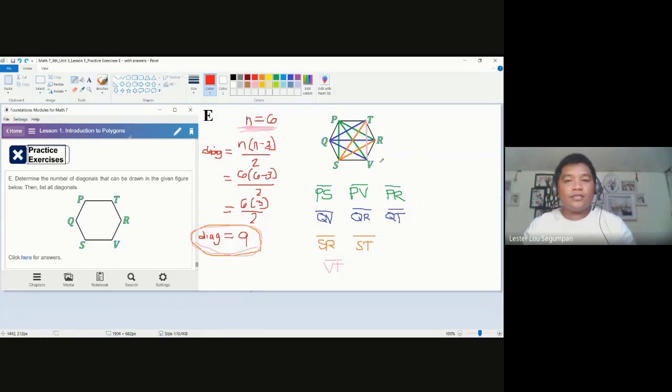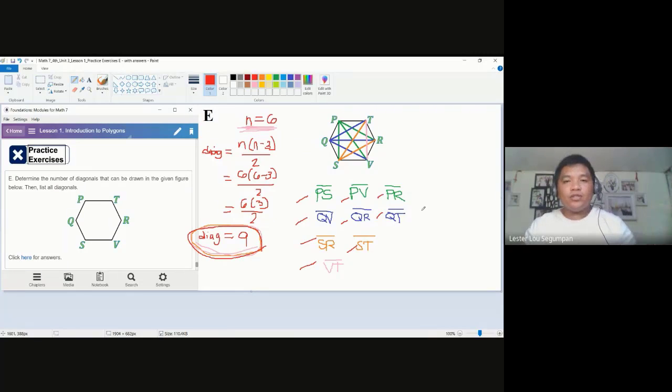Now that we have exhausted all vertices, we have determined that the number of diagonals being 9 is correct, and these are their names. They are line segments, therefore we use the notation for line segments. If we have a different type of polygon, let's say a pentagon, a heptagon, or the bigger ones like the dodecagon and tridecagon, we could also try to draw them.